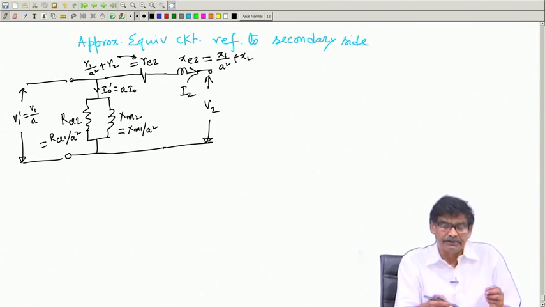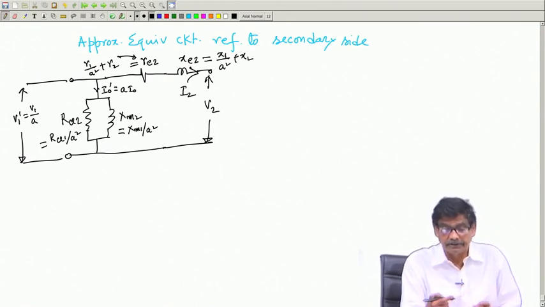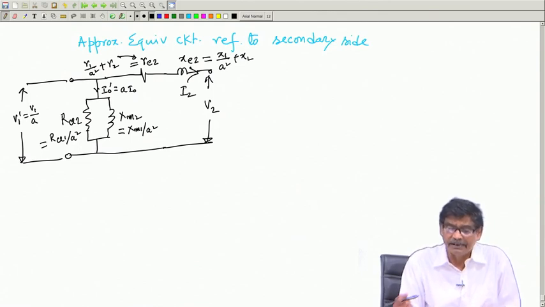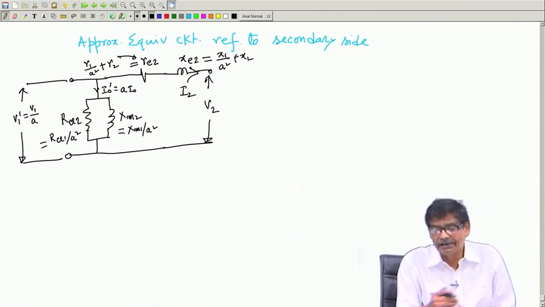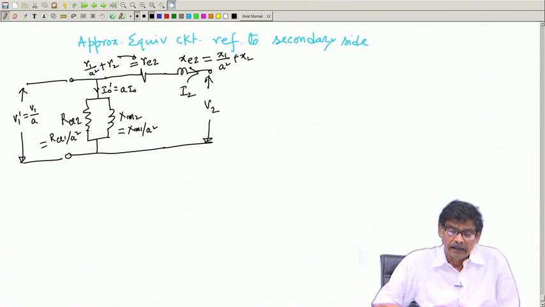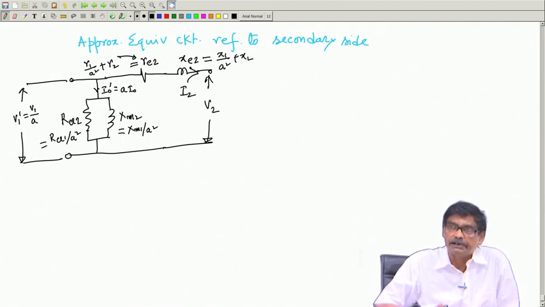So, get used to this transformation. Multiplying any impedance transferred from this side to this side will involve A, and any current transformation or voltage transformation will involve A. Whether multiplication or division, you should be very careful.